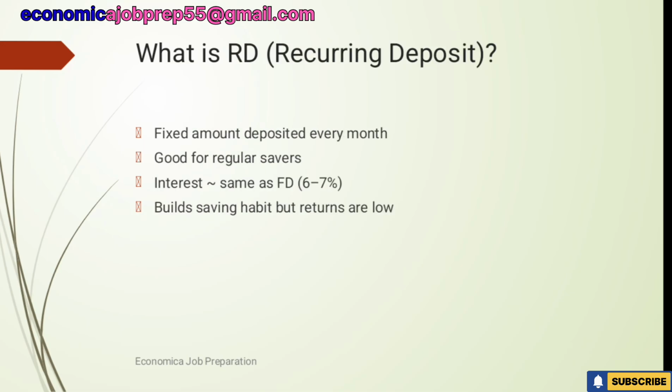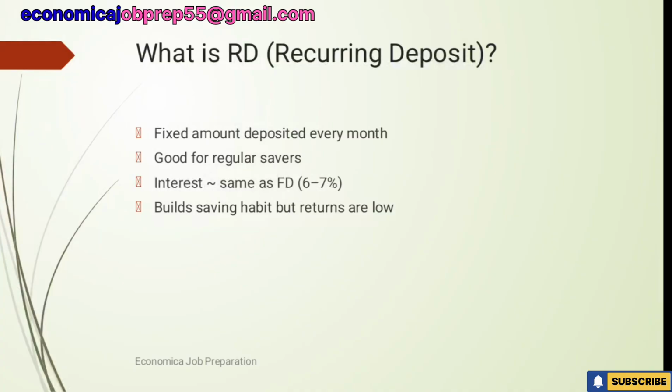And another one is RD. What is RD? That is a recurring deposit. You deposit a fixed amount every month, say 2000, for 1 to 10 years. Interest is the same as FD, 6 to 7%. Advantages of a recurring deposit are that it builds a saving habit, safe guaranteed returns, good for students.